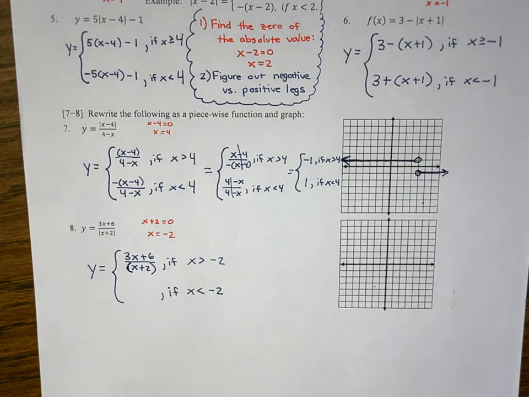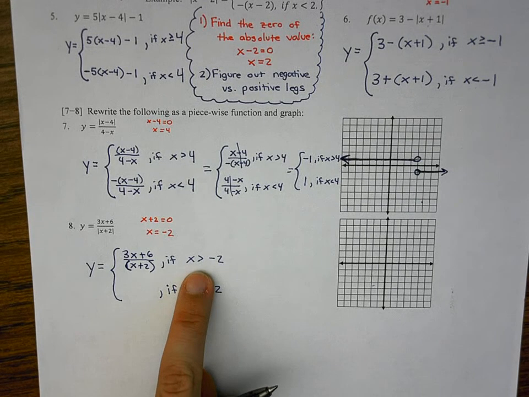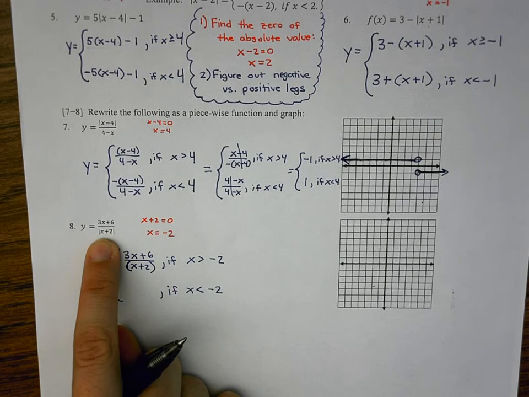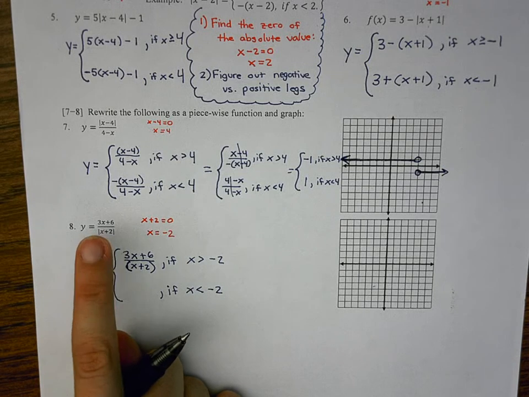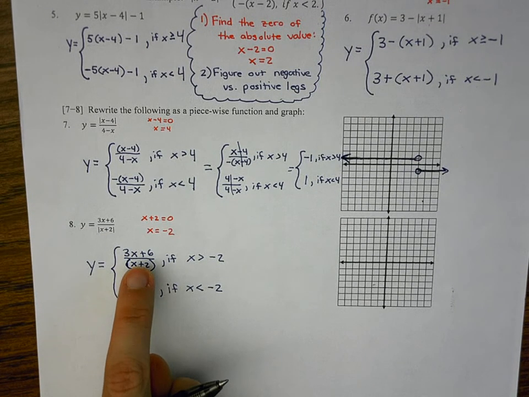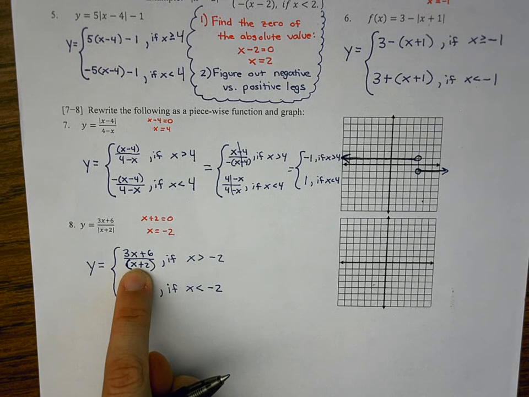We are currently greater than negative 2. What would be a number greater than negative 2? Like 0. When I plug 0 into the absolute value of x plus 2, I get the absolute value of 2, which is 2. When I remove the absolute value bars, is that x plus 2 still a 2 when I plug in x equals 0? Yeah, so I'm not going to change that one.